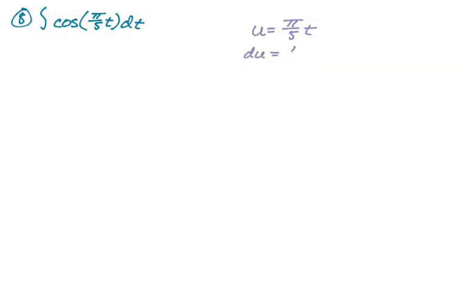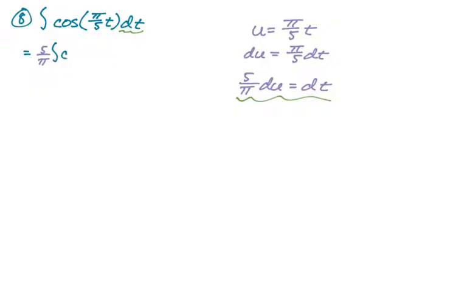So du is going to be pi over 5 dt, which means that 5 over pi du is equal to dt, and we're going to direct sub for that. So we will get dt is 5 over pi du, so I'm going to take out the 5 over pi.